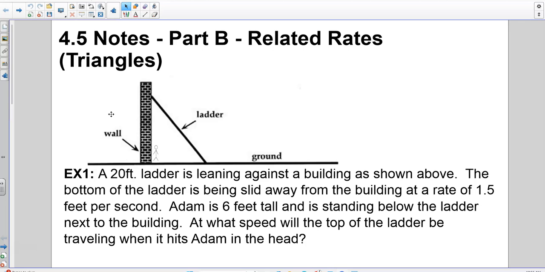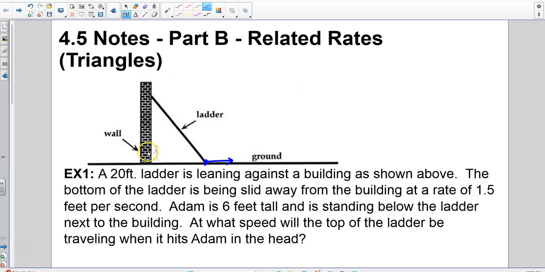At what speed will the top of the ladder be traveling when it hits Adam in the head? Usually it's sliding, but I don't know if it would actually be a constant rate in that case. The bottom of this ladder is moving away from the wall, and that is causing the top of the ladder to slide down the wall.